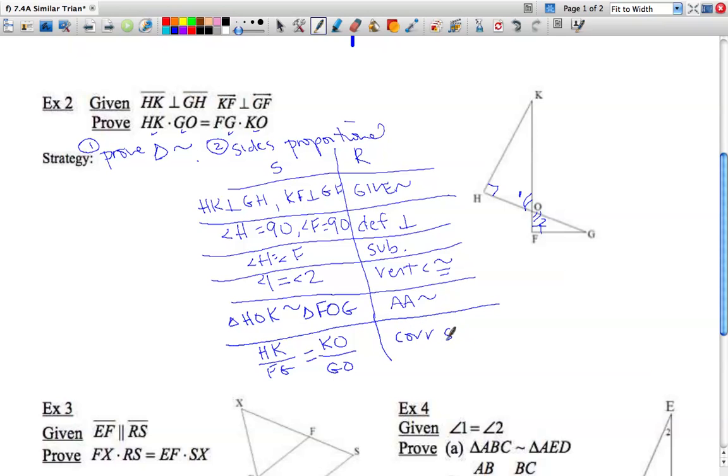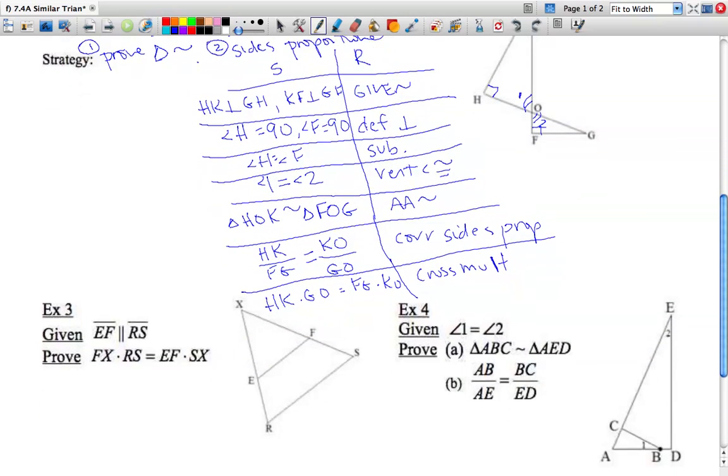Corresponding sides proportional. So we can just cross multiply to get our answer. And so HK times GO is equal to FG times KO. Cross multiply. So we have finished that proof nicely.